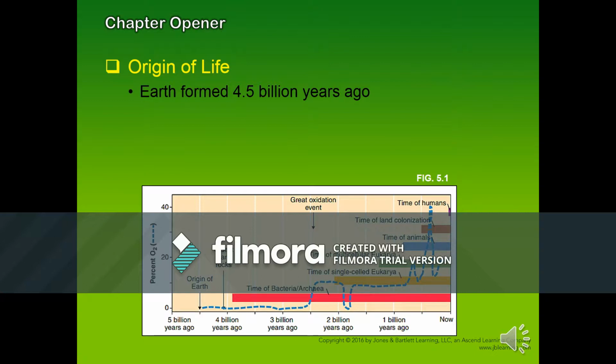Okay, and of course the bacteria and the archaea were among the first things to be alive. They're the first things that could organize into cells. And then after a while of just having bacteria and archaea, we finally get some eukaryotic organisms like some yeast.